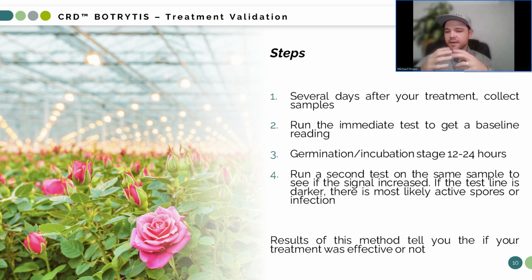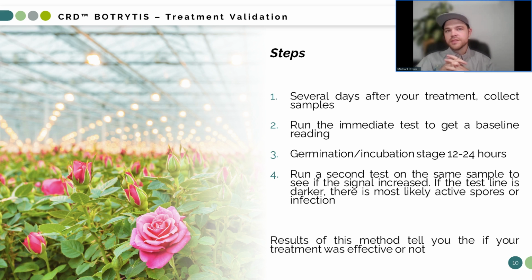Maybe it was inadequate coverage, or maybe it just didn't work this time. You missed that spot. So again, you want to take a baseline and then run it again so that you can see the increase in infection, if any.